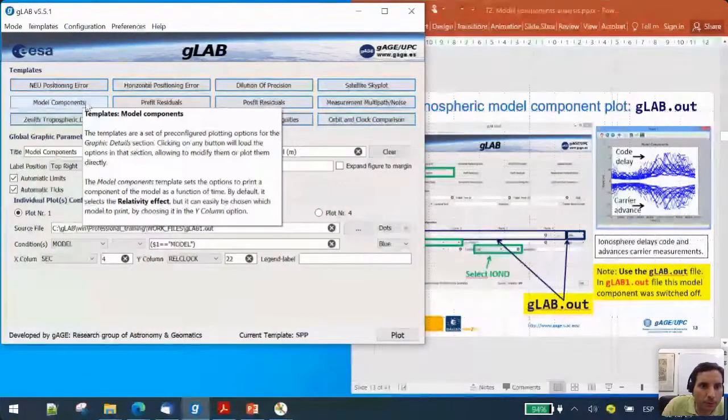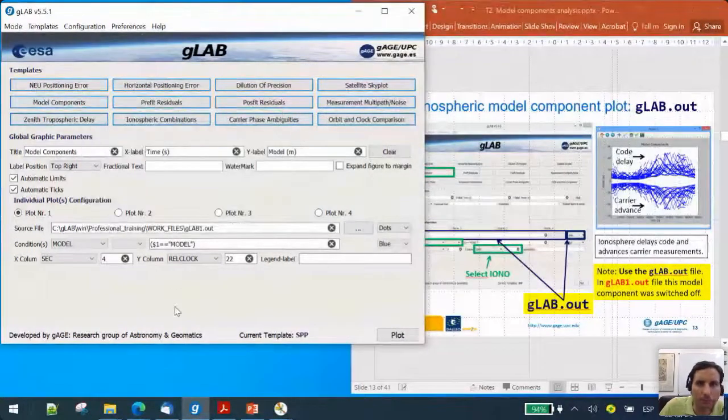What we can plot is the prediction of the model, to see what is this magic that we are taking into account in the glab.out, and it's working very, very well in the vertical positioning. And when we disconnect it, we destroy the vertical coordinate estimation.